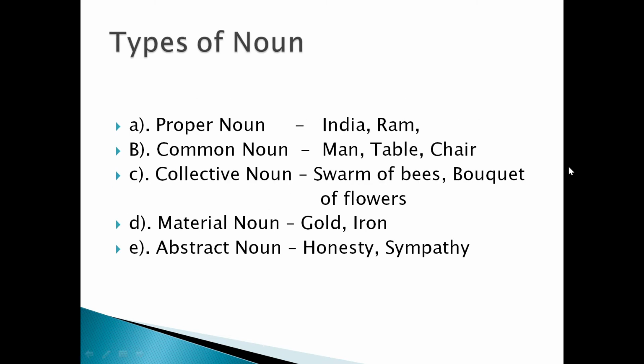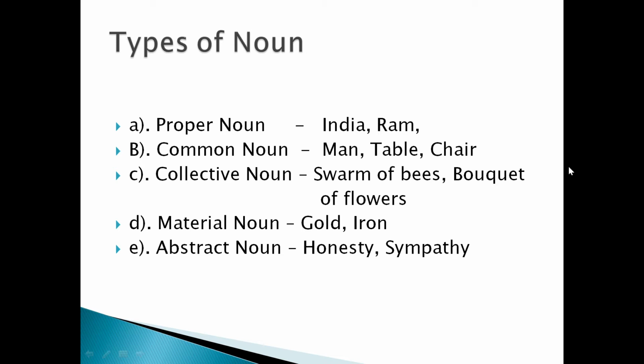Now let me quickly brief you about the types of noun. There are 5 types of noun basically. Proper noun, an example of which is India, Britain, or the name of any person like Madhuri. Common noun, the examples of common nouns are man, table, chair, pillow, light, etc. The third type of noun is collective noun, and its example is swarm of bees, bouquet of flowers.